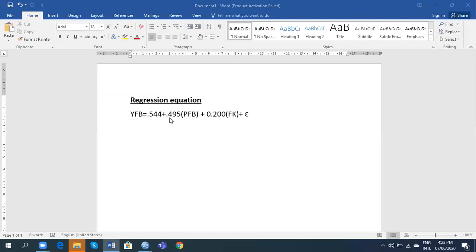Plus 0.495, in bracket, you will write parental financial behavior, the beta value of parental financial behavior, plus 0.200 financial knowledge. We have taken only these two variables because these two variables' values are found to be significant. The rest we have not included. And this is plus the error term, which is very important to include in the regression equation.